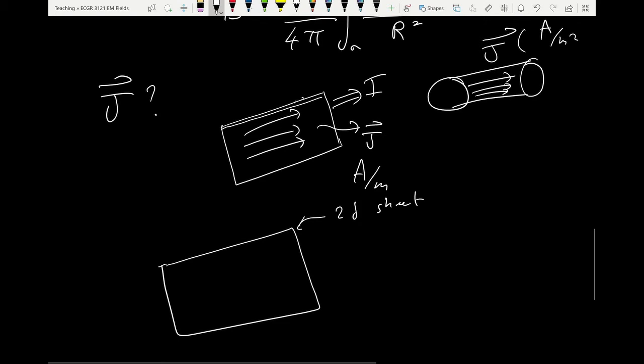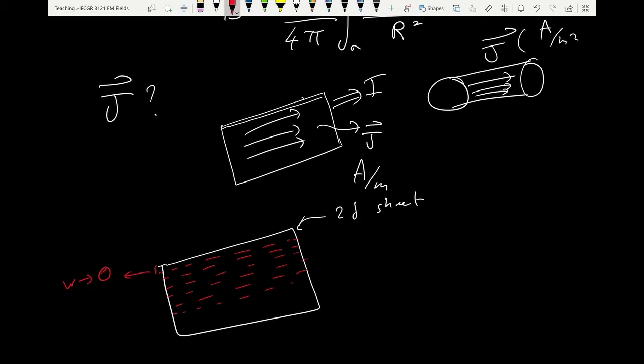We divide it into filaments. And each filament here has a width that approaches 0. So this is going to look like a bunch of filament wires that are bunched together to form a sheet, right?